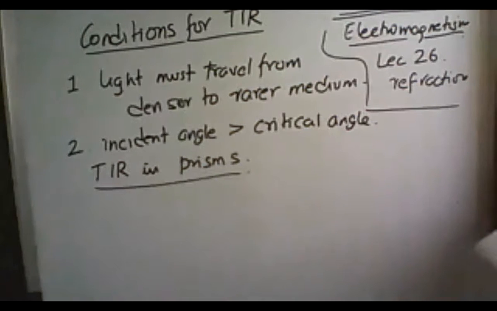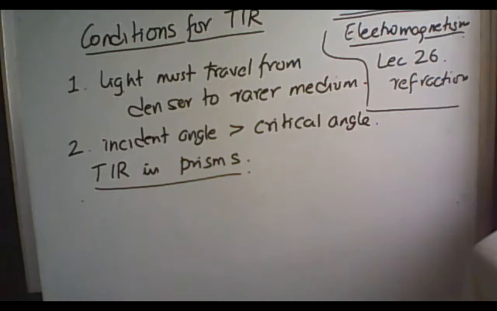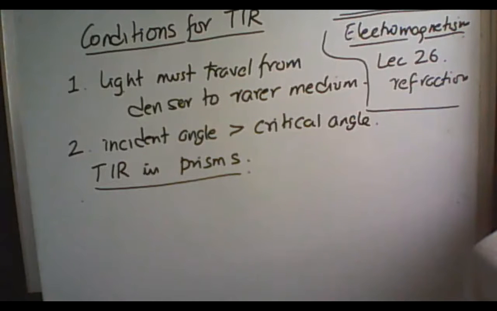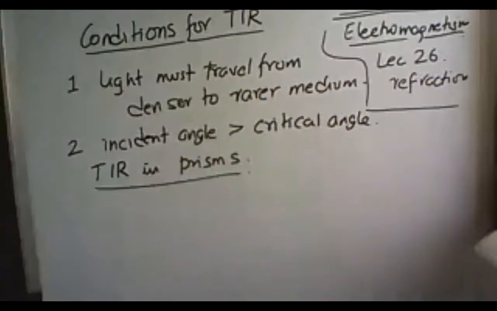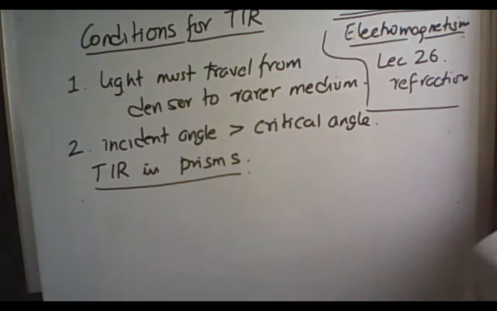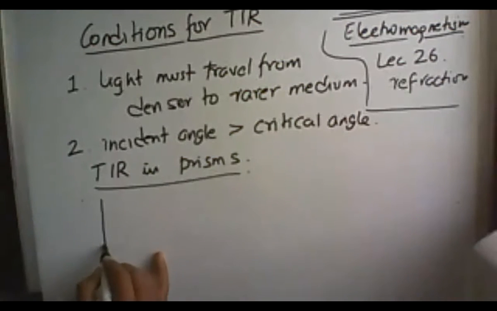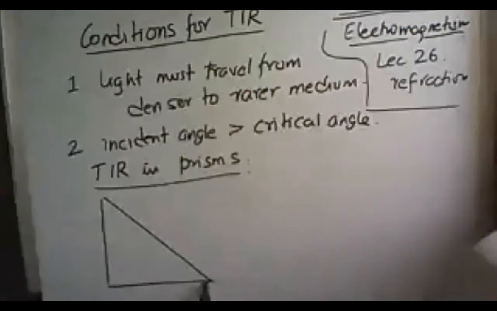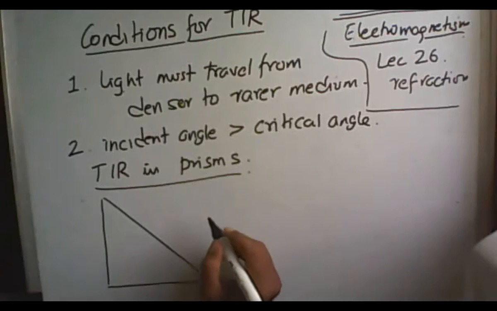As far as TIR in a prism is concerned, obviously we are not talking about the refraction taking place at the first surface of the prism. So we'll take the simplest scenario. We take a right angle prism. This is of course the face of the prism.